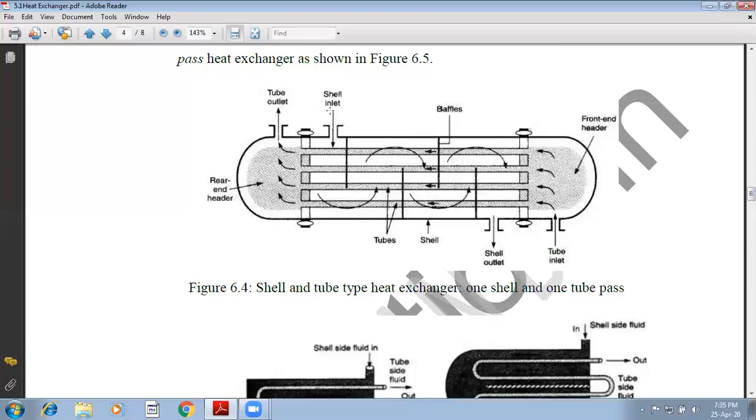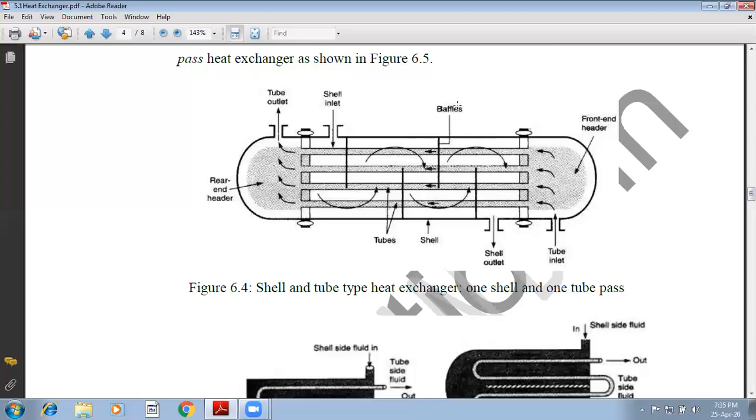Now from the shell side we are passing a cold water. If you see, the cold water is made to pass over the surface of the hot tubes and it follows the path as directed. It will follow this way and exits at this end. Now if you see here, we have mounted some metallic strips to the inner wall of the shell.